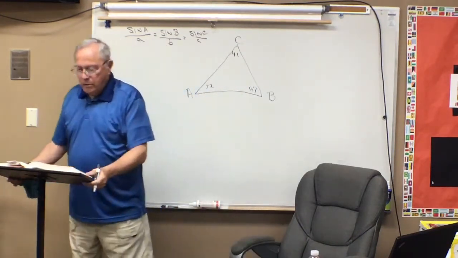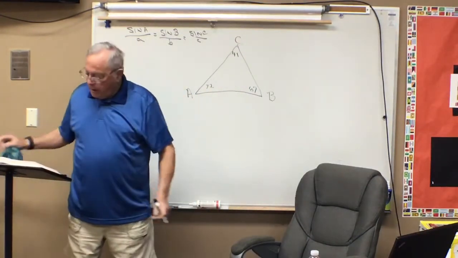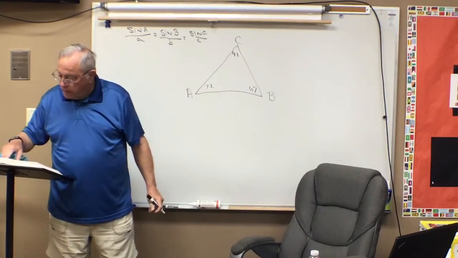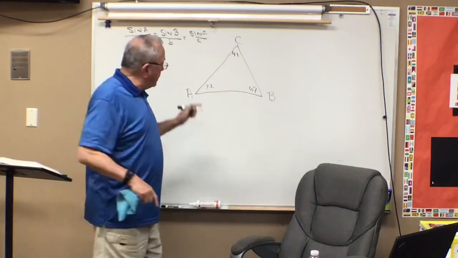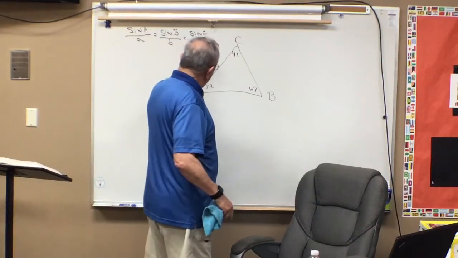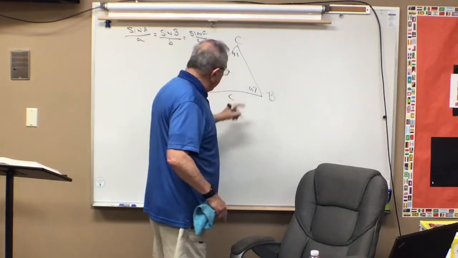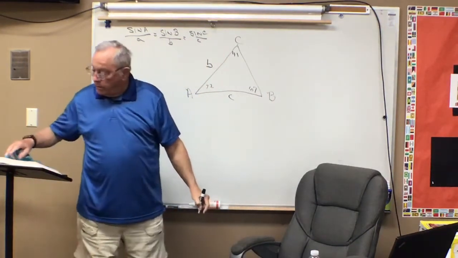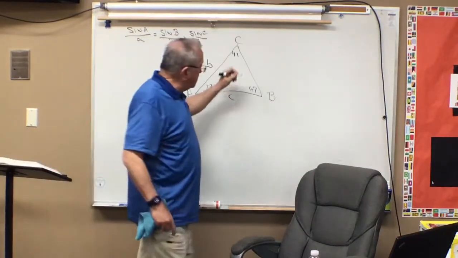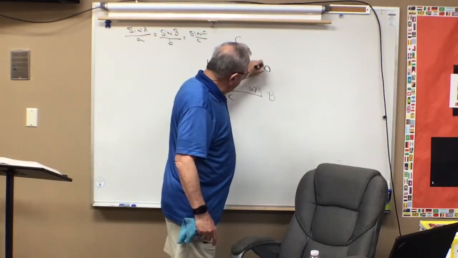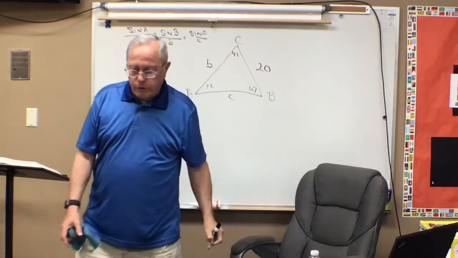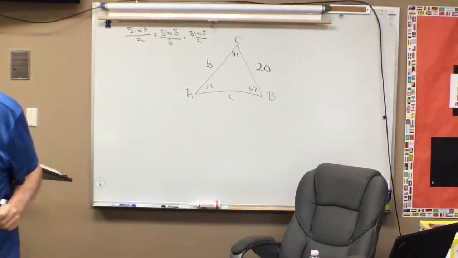So let's look at that. So now, I filled it all in, and now they want me to find sides b, right? Here's little b, and here's little c, and they gave you a as 20, all right? So I'm going to sit back and make sure you got everything copied, and we'll go from there.